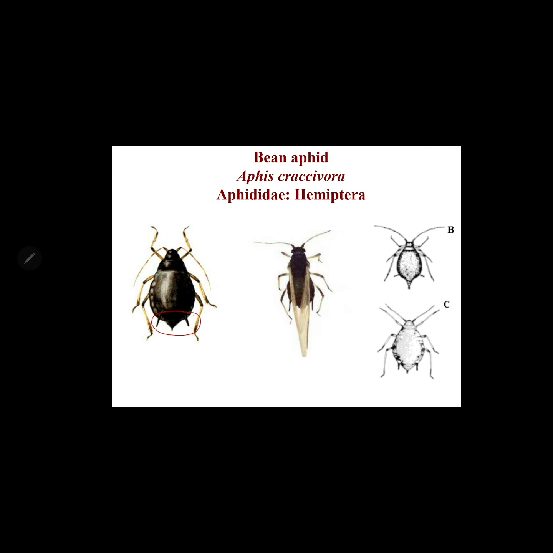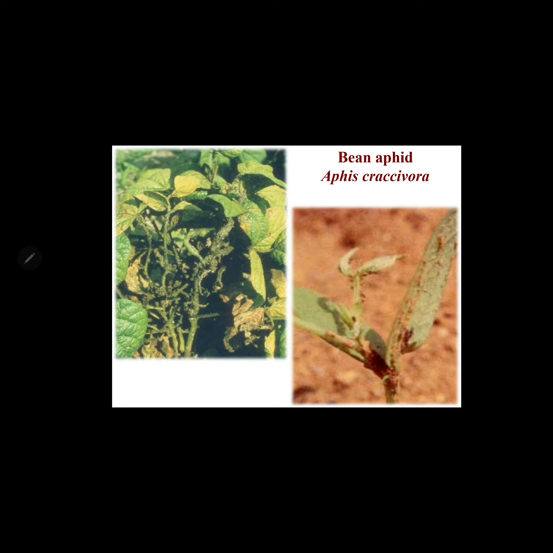All these insecticides and tobacco decoction are effective against bean aphids. Since they reproduce parthenogenetically, we can see overlapping generations on the plant. They get aggregated and become crowded on every plant.